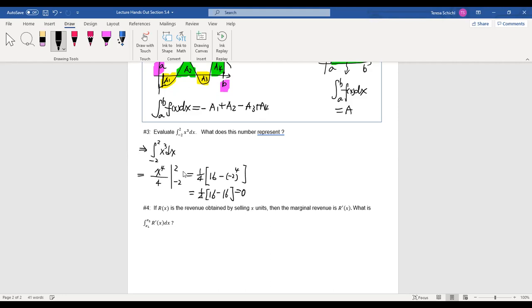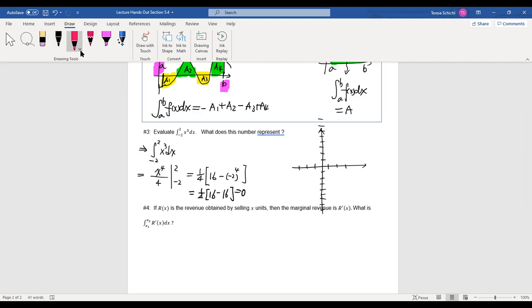All right. But then what does this number mean here? If you take a look at x cubed here, let's take a look at our function.